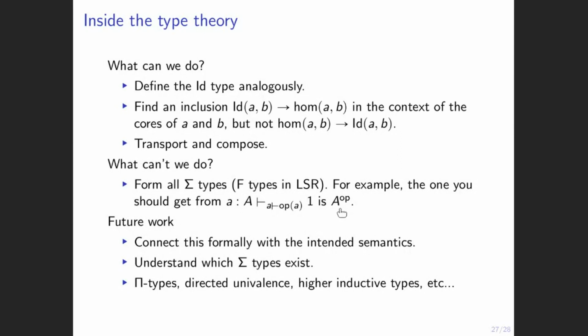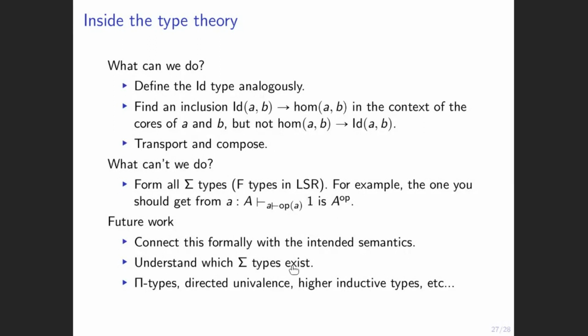So if we just stipulate that we have all sigma types, then we would get a function that turns types into opposite types. Okay, so for future work, I mean, this is a work in progress, so future work is just to finish this work. In particular, the main goal right now is to connect this formally with the intended semantics, those directed weak factorization systems that I was talking about. Also, maybe we want to understand which sigma types exist.